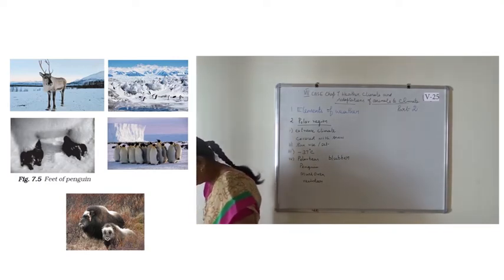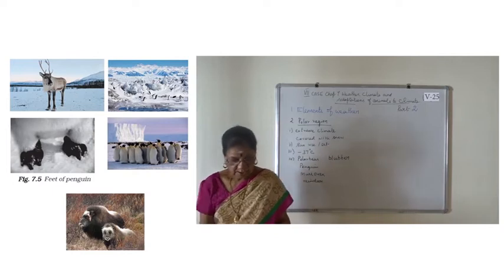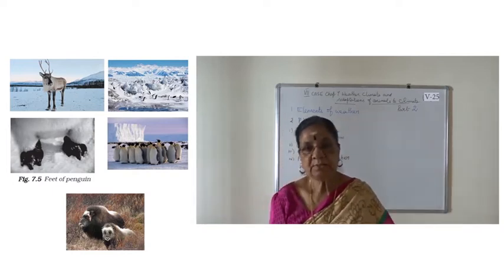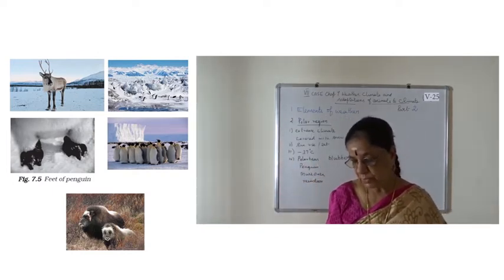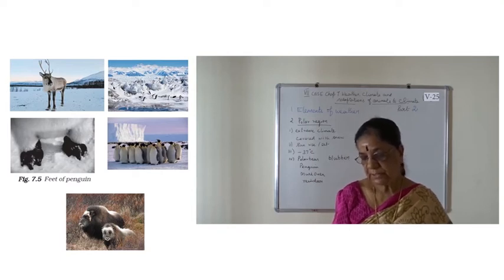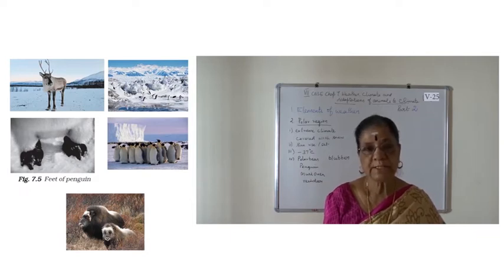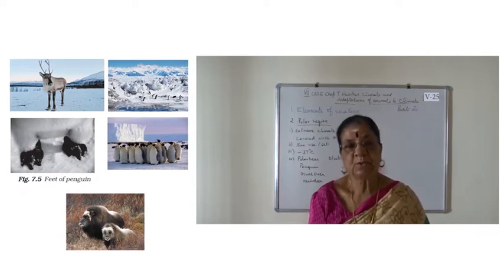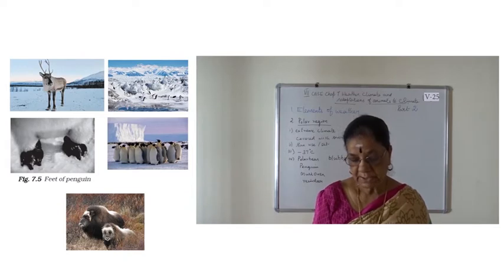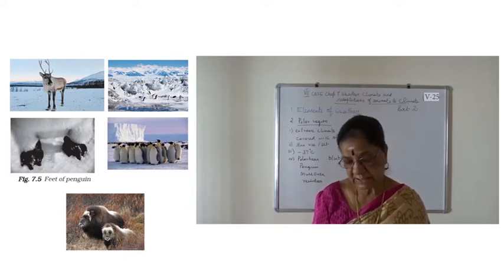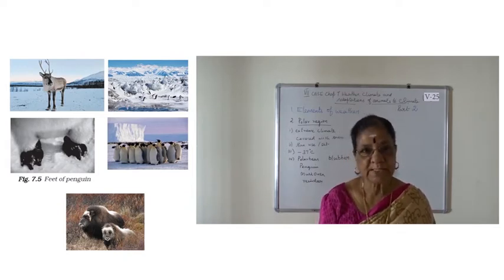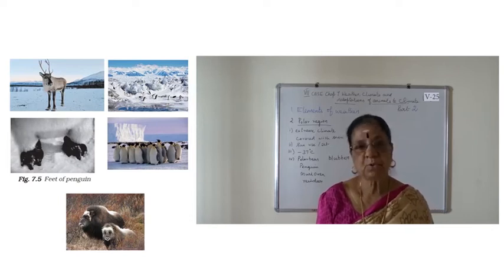Now a well-known animal living in the polar region. In our textbook: a well-known animal living in the polar region is the penguin. It is white and merges with the white background. It also has thick skin and a lot of fat to protect it from cold.